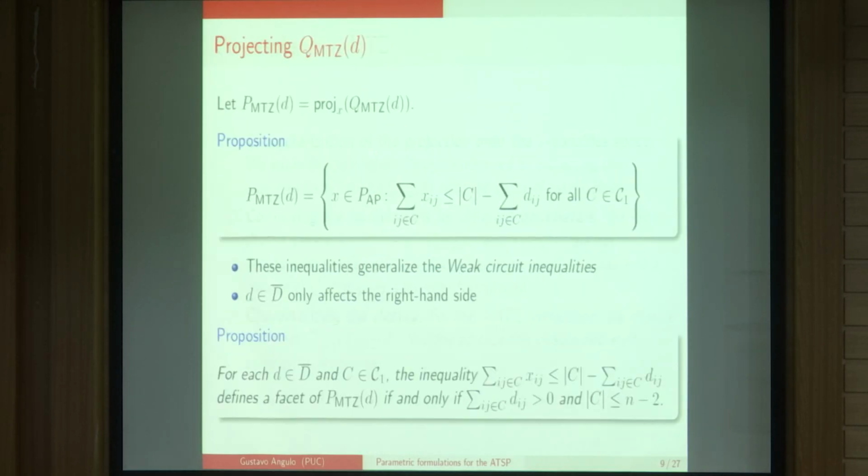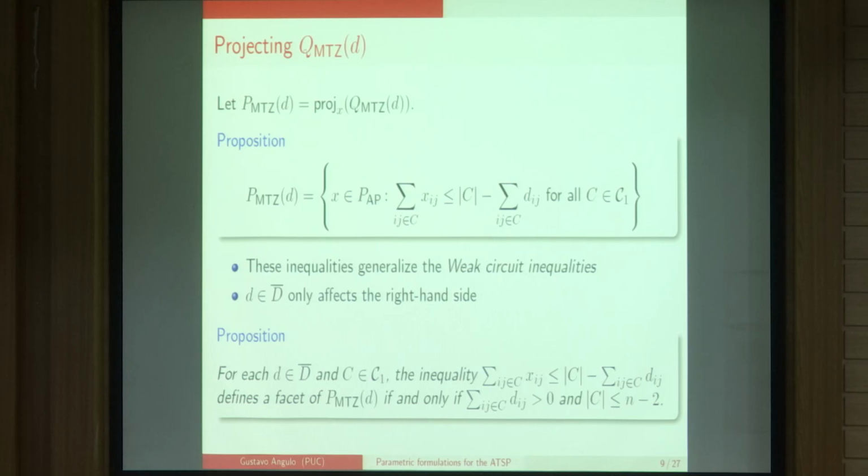Okay, let's get started with this. So in general, I will denote with letter Q something that is an extended formulation, and with P what is the projection in the X space, right? Good. So I will define P as the projection of Q. The first result is very simple: if we project this extended formulation into the X space, we recover this set of constraints.